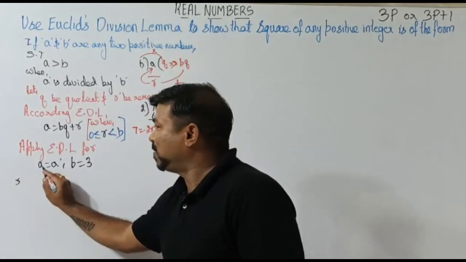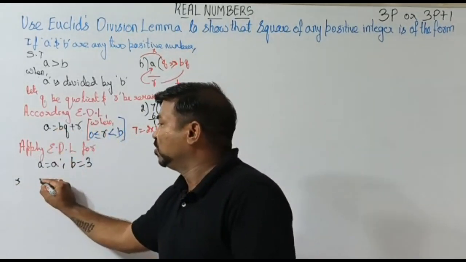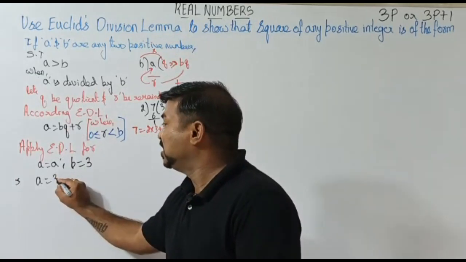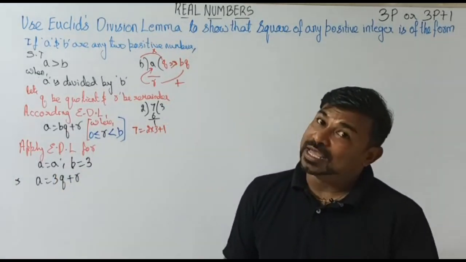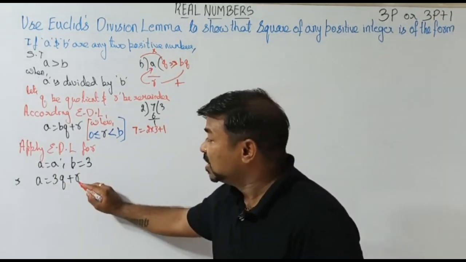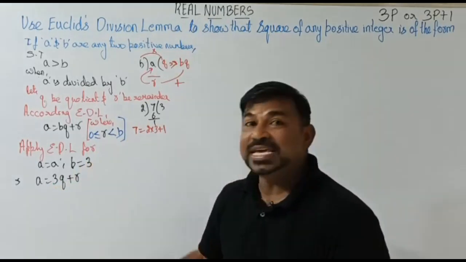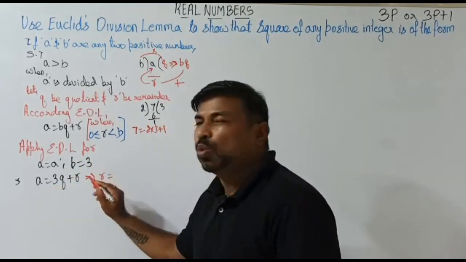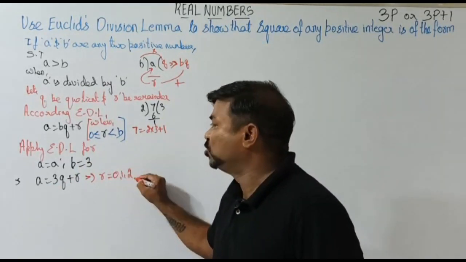Which implies, applying it, A is equal to 3Q plus R. Then what is R? Just now I said the remainder will always be less than the number dividing, here B, which is 3. Then what might be the remainders? The numbers less than 3: 0, 1, 2.